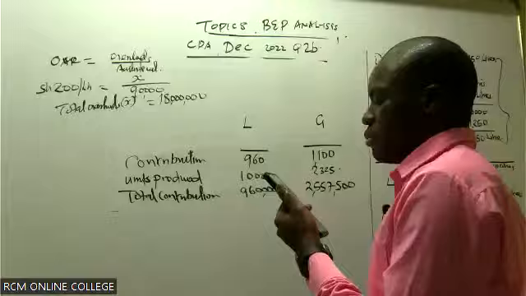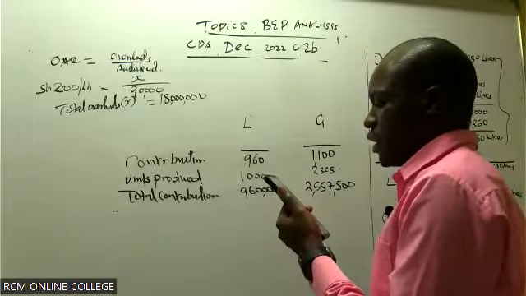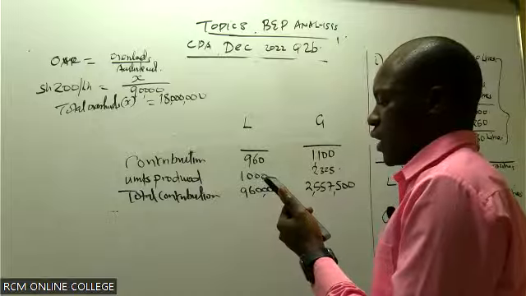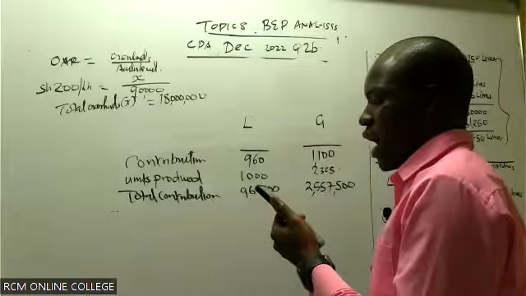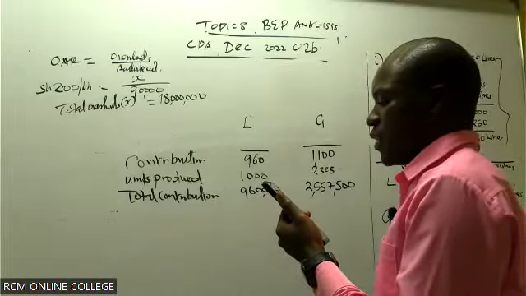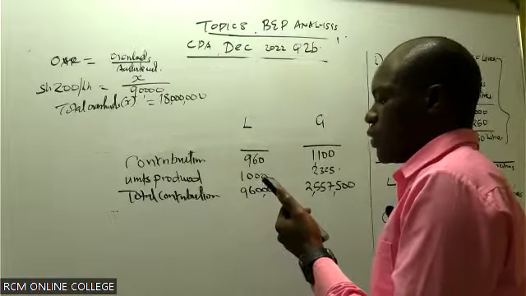The fixed production cost per unit is based upon an absorption rate. So our total fixed production costs are equivalent to 18 million.